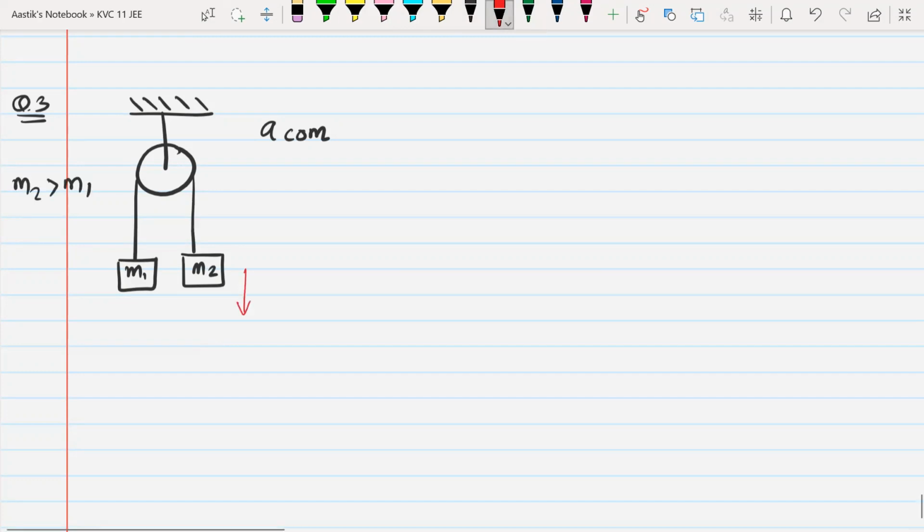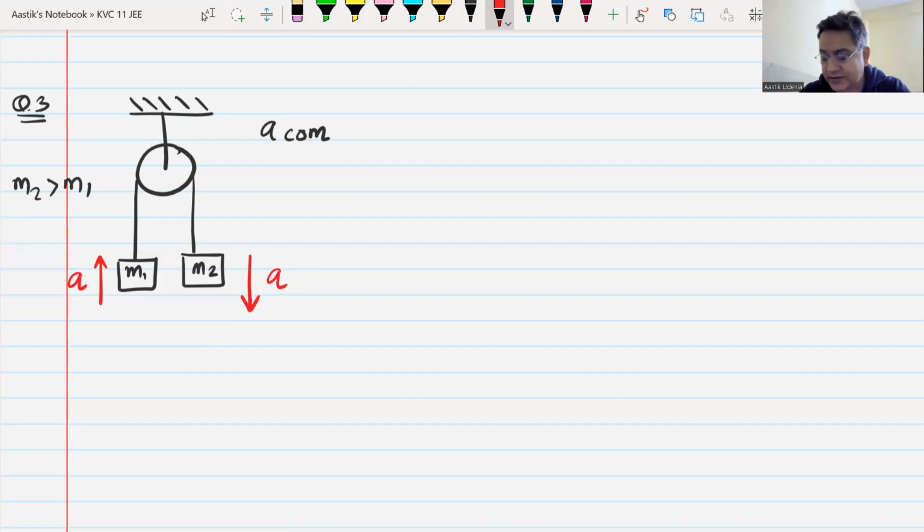This will move down with an acceleration a, and this will come up with an acceleration a. Yes or no? Do we understand this?